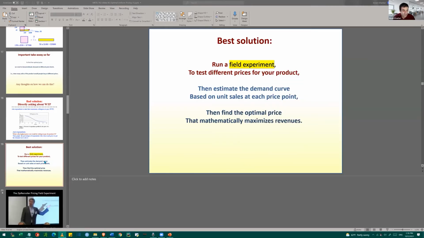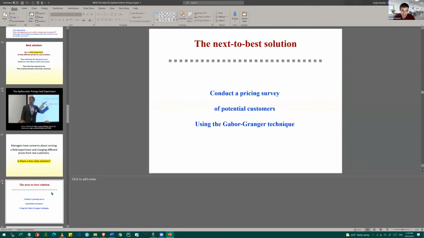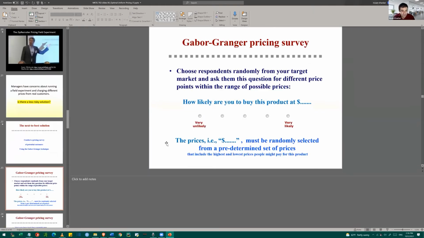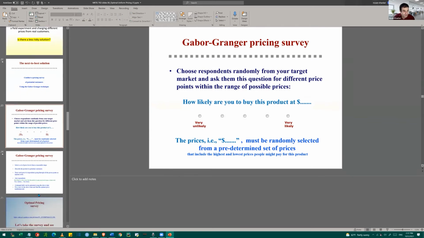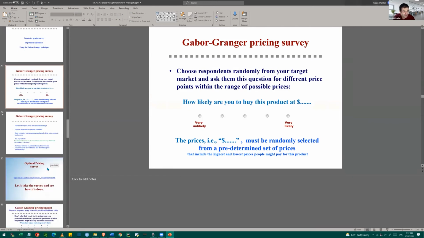Going back to what we had, we talked about field experiments being the best way of doing it, but we also have a survey trick that we can approximate a field experiment. You did this for the steel soap, and you asked people to tell you how likely they are to buy the product at different price points. That's what we did last time in the previous session, I think.